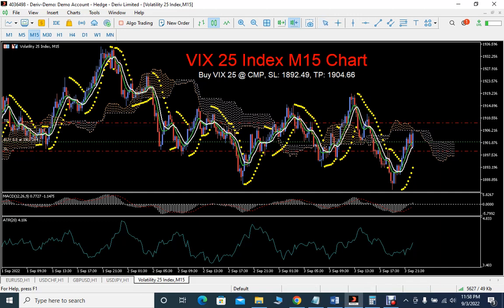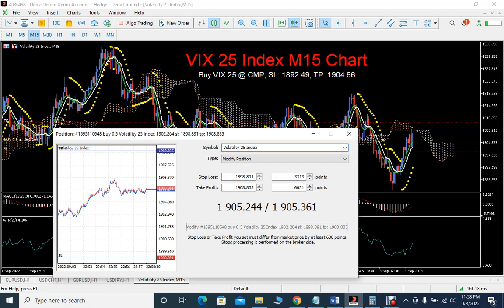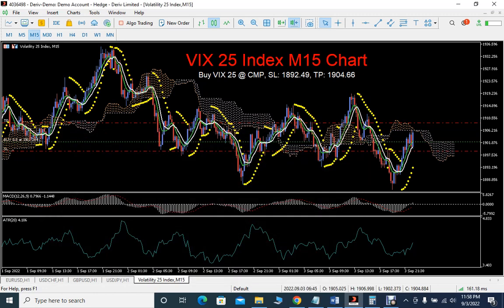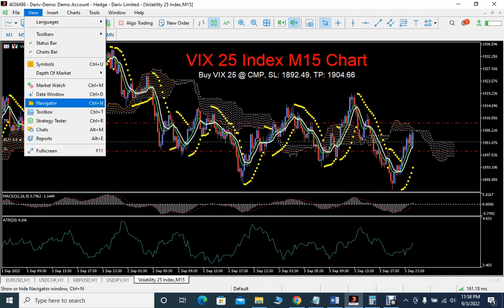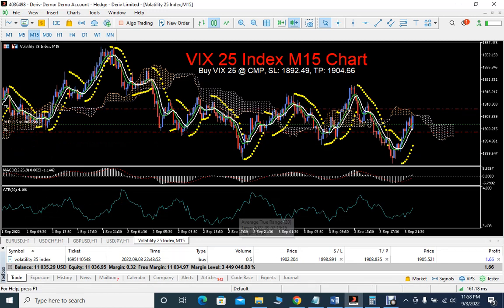When you click here, you'll see your entry price from your trade. If you don't find it here, go back to the toolbox and check your trade. So this is the entry price, which is 1902.20.